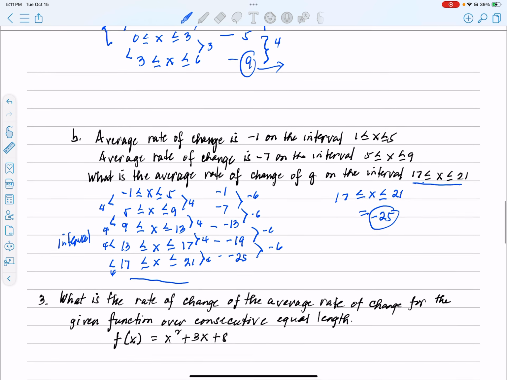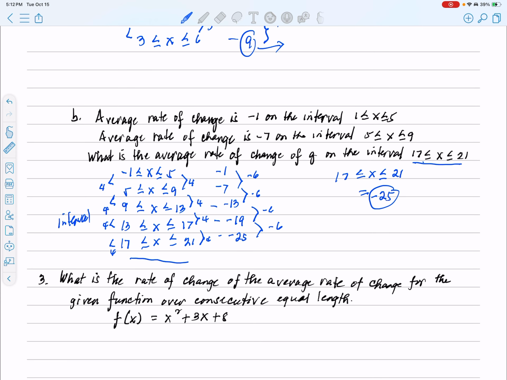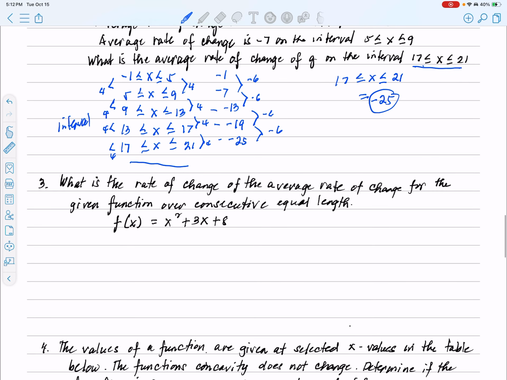All right, let's do question number 3. What is the rate of change of the average rate of change for the given function over consecutive equal length intervals?